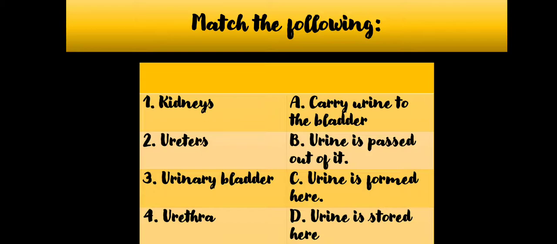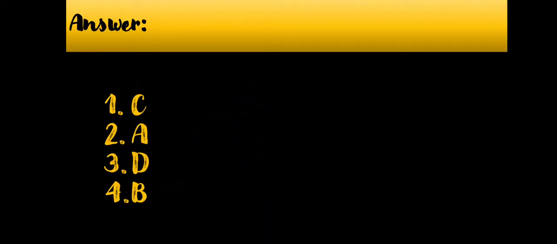Fourth, urethra. Urine is passed out of it. So we will match first with C, second with A, third with D, and fourth with B.